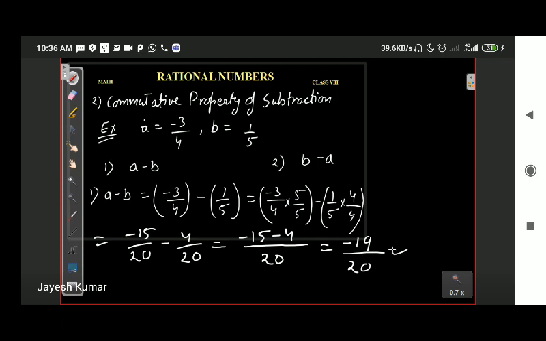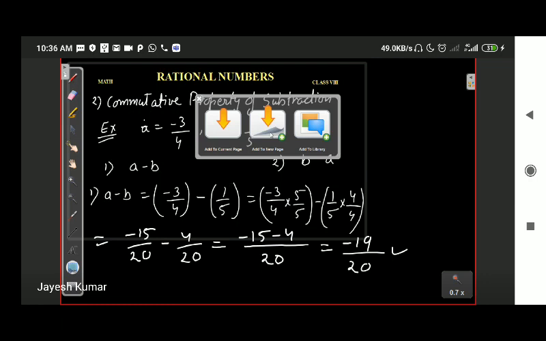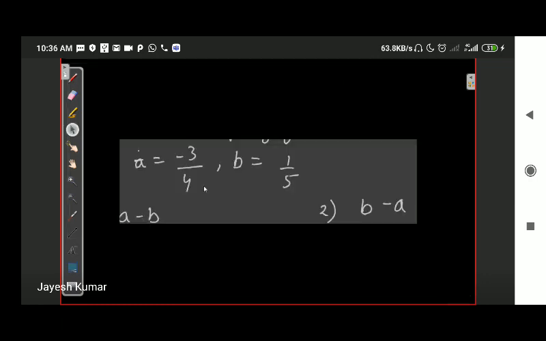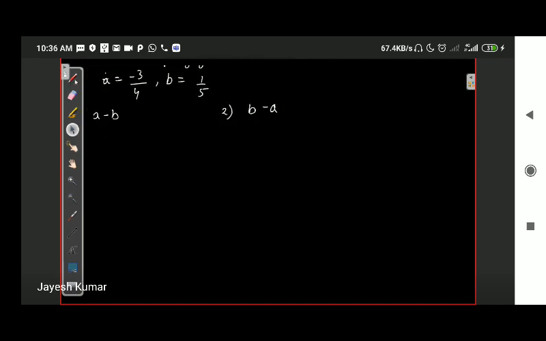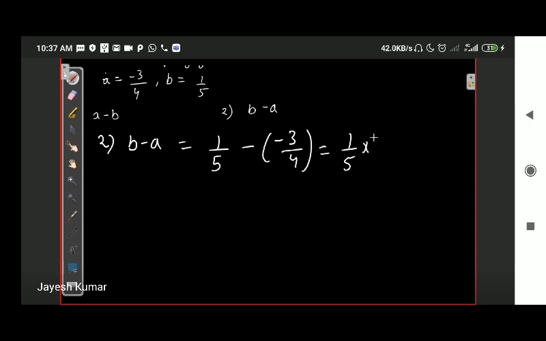Secondly, we are going to do B minus A. Here are A and B, and we are going to solve B minus A. B is 1 upon 5 and A is minus 3 upon 4. Once again, the LCM is going to be 20, so 1 upon 5 will be multiplied in numerator and denominator by 4, and 3 upon 4 will be multiplied in numerator and denominator by 5.